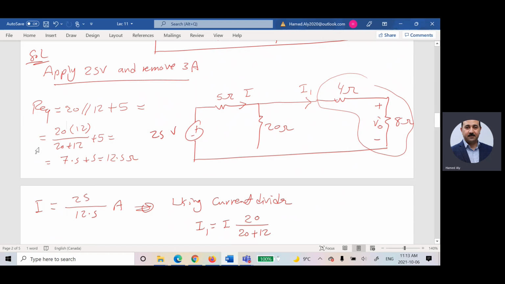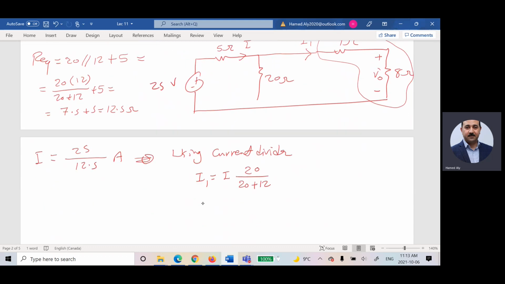Once you calculate I1, you can say that VO prime is equal to 8 times I1. If you calculate this, I believe it will be equal to 10 volts.